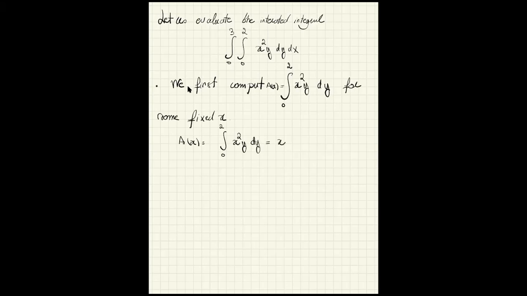So we can put it out: x squared, the integral from 0 to 2 of y dy, which will be equal to x squared times 1 over 2 y squared between, here is very important, not like the one-dimensional case where you just write down numbers on the boundaries, but here it's very important to write y equal to 2 and y equal to 0.